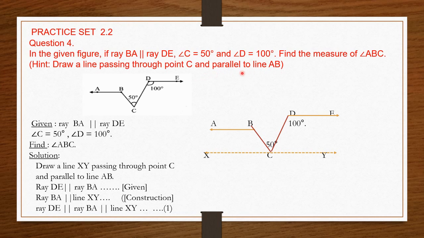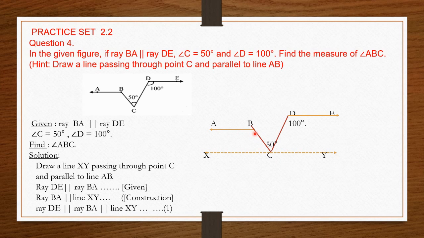First we have to write what is given in the question. Given: ray BA parallel to ray DE, angle C equals 50 degrees and angle D equals 100 degrees. Then find angle ABC. First you have to draw the figure in your solutions. Draw a line XY passing through the point C and parallel to the line AB.